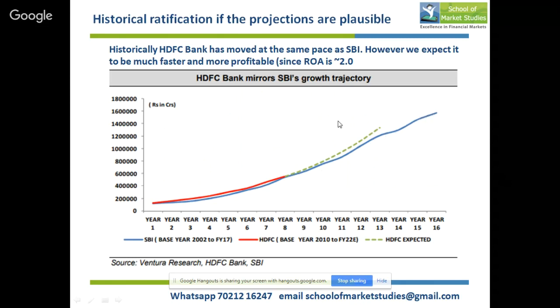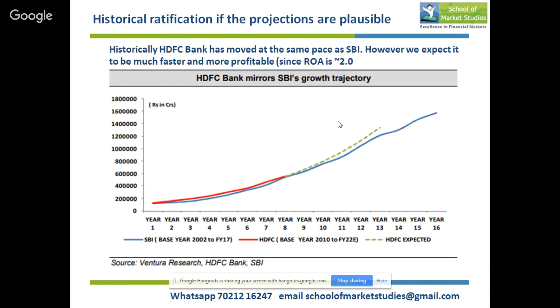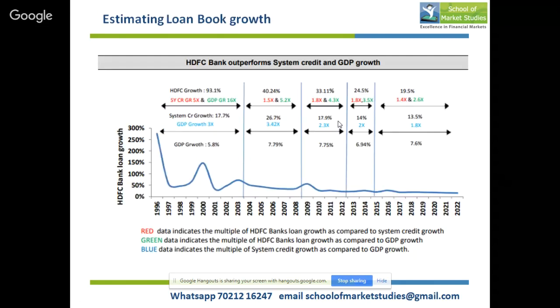So this way of projecting that we have undertaken based on the growth of the economy, then considering the system growth and our assumptions, and then when we have taken these numbers and we have backtracked, what we find is that we are not too far away from what we are expecting, and hence whether HDFC can continue to grow at 19.5% over the next 7 years, that was since 2015.